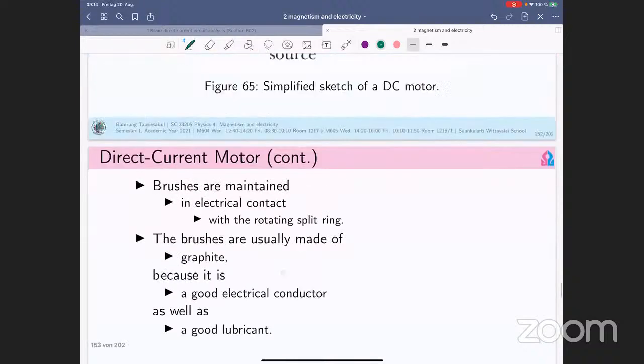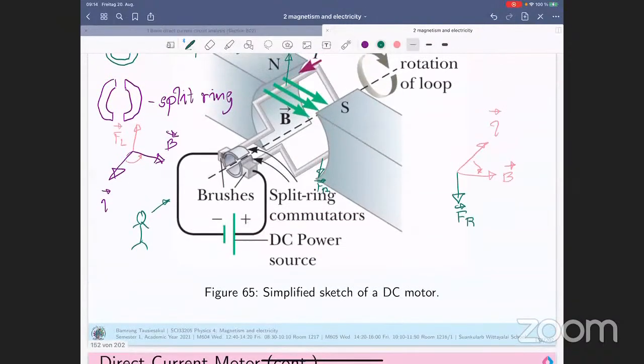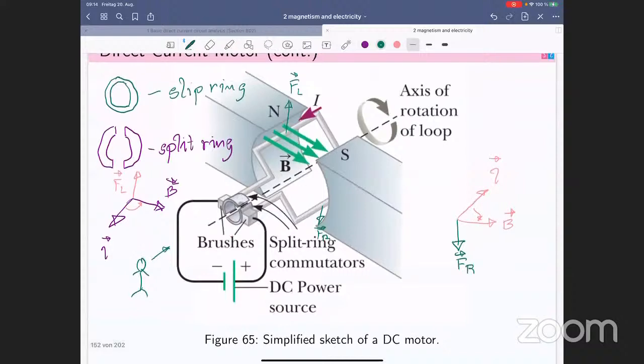One thing is that you always have the rubbing issue. For example, you have 100 watt of power. You know what the unit of power is?